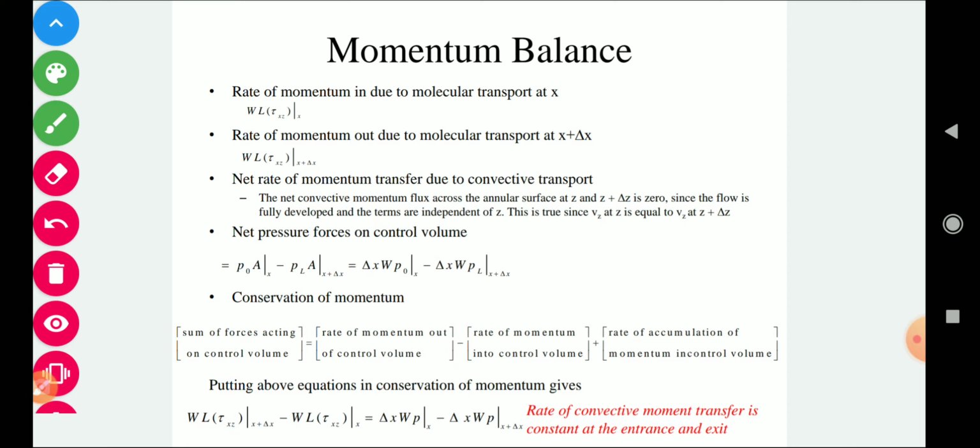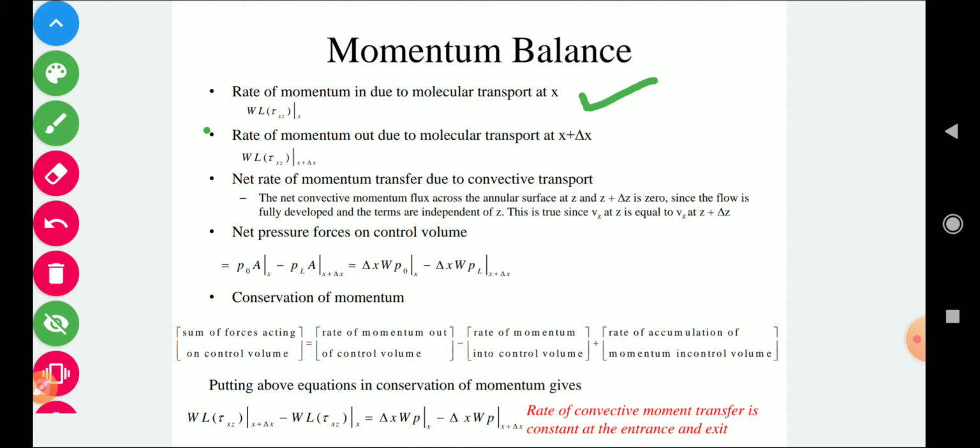So let's first discuss momentum due to molecular transport. So the rate of momentum in due to molecular transport at x will be equal to W L, where WL indicates the area, and tau xz is the shear stress. So if we multiply area by its shear stress, we will get the value of momentum.